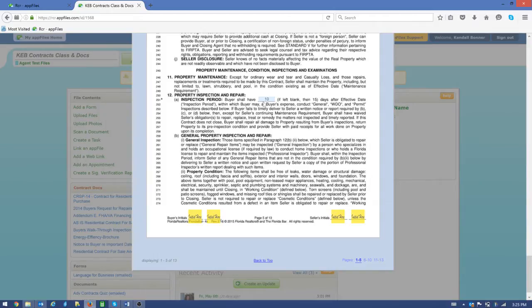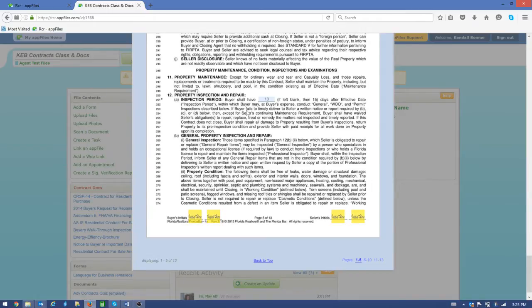And what's our rule here? Never leave a blank even though it has default language, because if someone goes behind you and changes it, you probably won't notice it. So it's better to put something there, even if it is the default of 15 days.